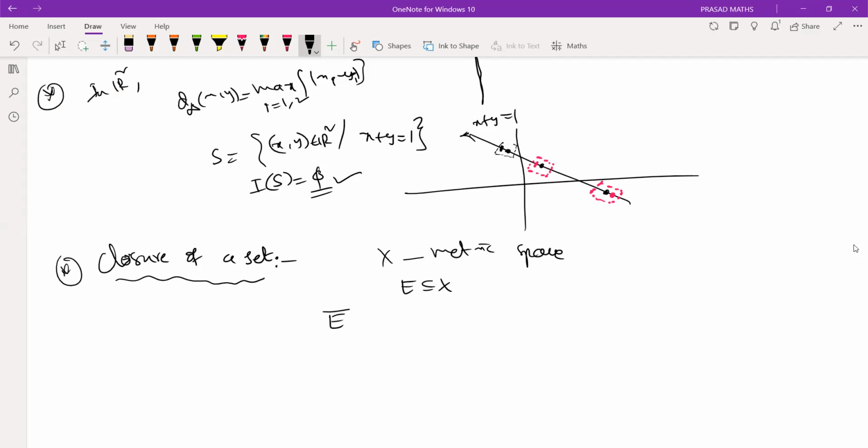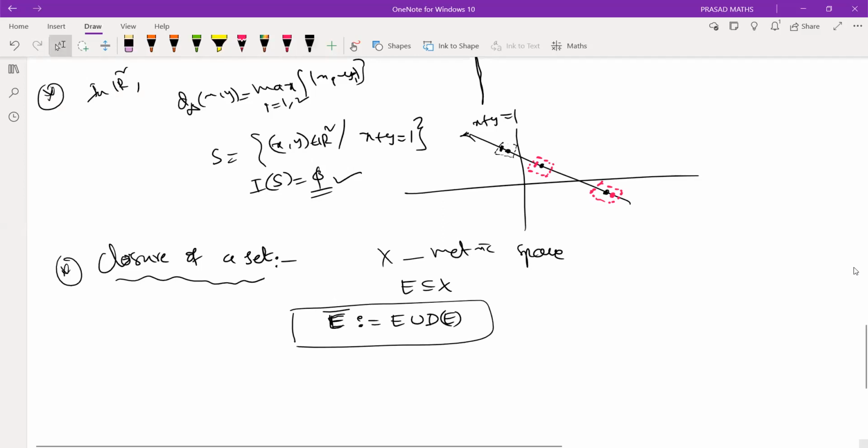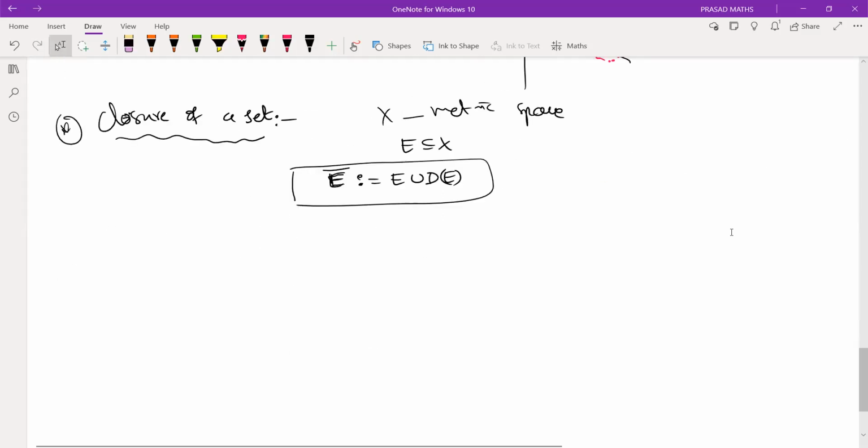The closure of the set is denoted like this, which is defined by E union derived set of E. It can be true for topology also. This is my definition: E union derived set of E.